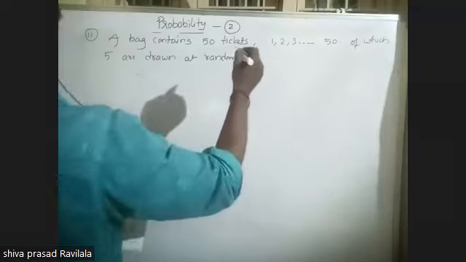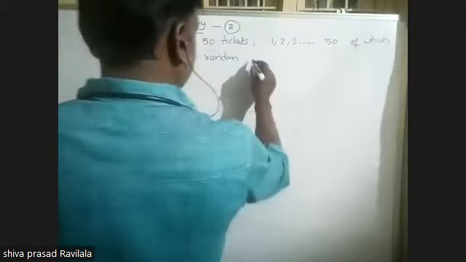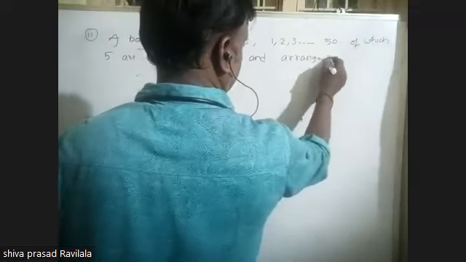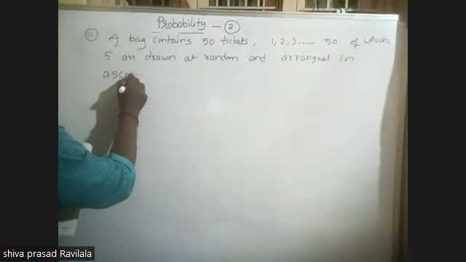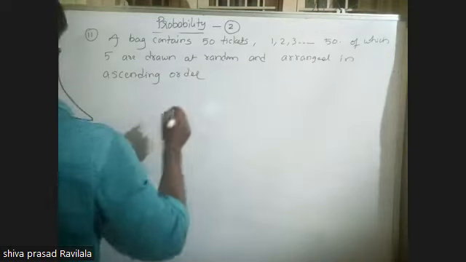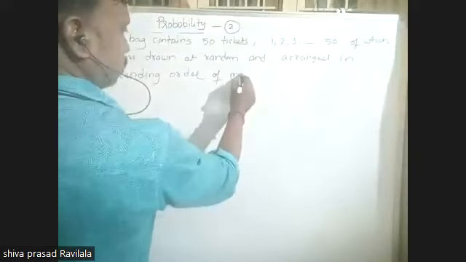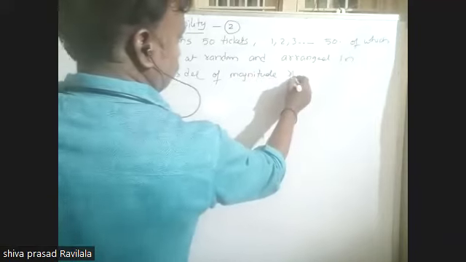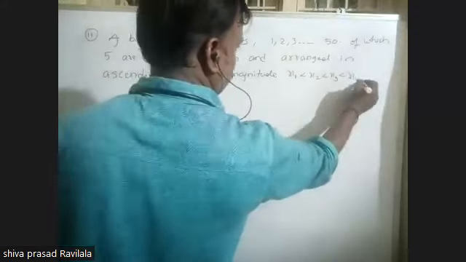Probability with inequality cases. 5 are drawn at random and arranged in ascending order of magnitude. Magnitude also means modulus or absolute value. That is x1 less than x2 less than x3 less than x4 less than x5.